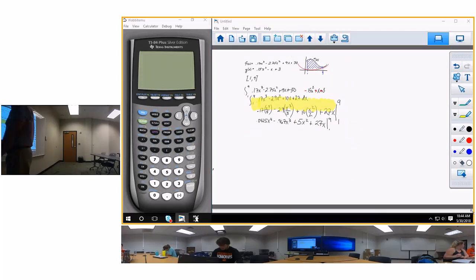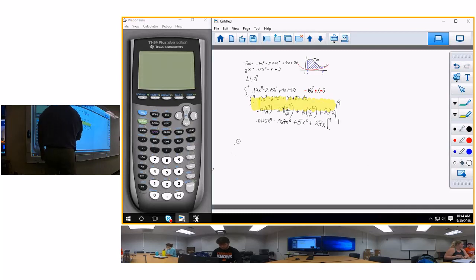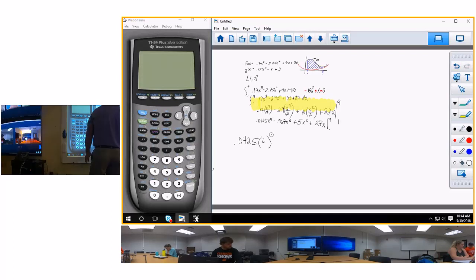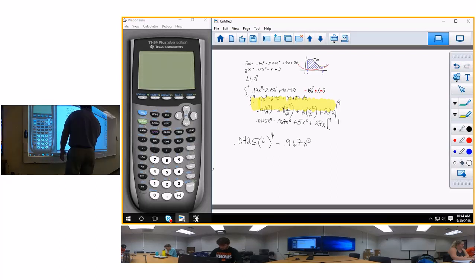So, 0.0425 parentheses to the fourth power minus 0.967 parentheses cubed plus 5 parentheses squared plus 27 parentheses. Oh, there's supposed to be a parenthesis there. Sorry.